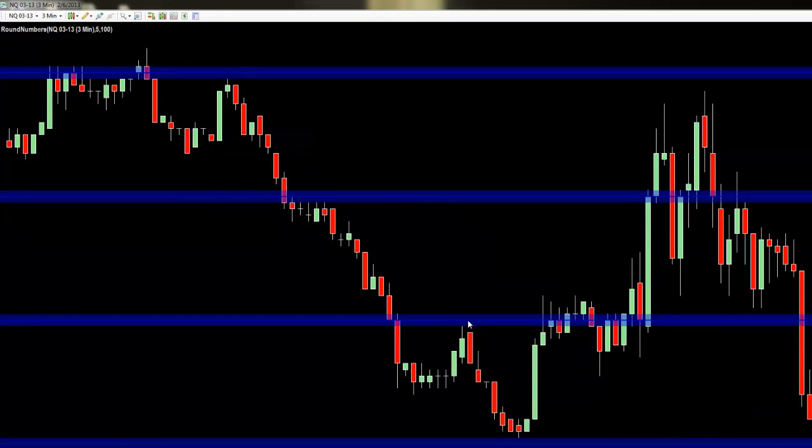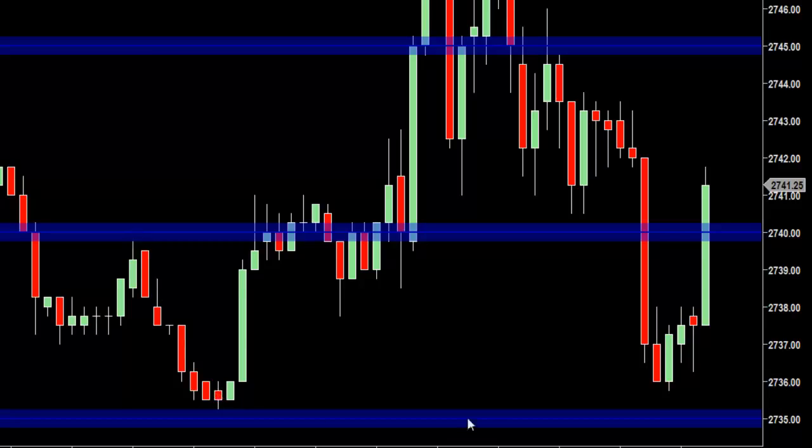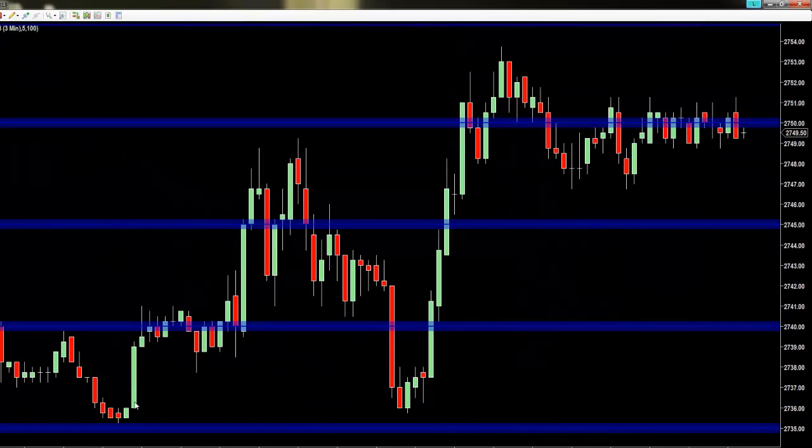We do get a pullback here, and then once again, notice at 2740, it's pretty much where price stops traveling up. We get another break to the downside, and at 2735 even, which is right here, we see that price stops and then travels back up again. Many times you'll see these patterns where price does stop.